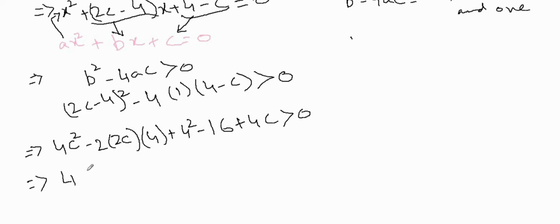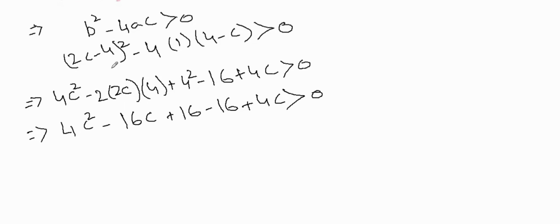Now it becomes 4c squared, minus 16c plus 4 squared is 16, minus 16 plus 4c is greater than 0. Now, so what happens over here? 16 minus 16 are gone.